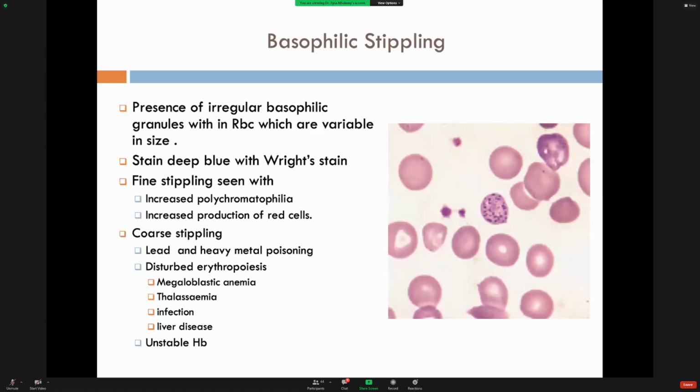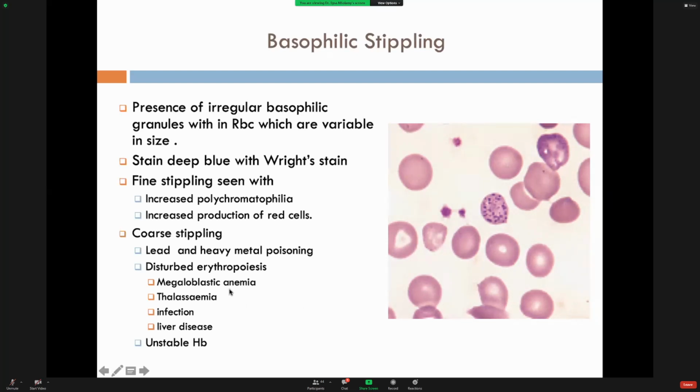نبدا basophilic stipplings. Presence of regular basophilic granules with red blood cells which are variable in size. This is basophilic stipplings. Stain deep blue with Wright stain. It could be fine or coarse. The commonest things you can see at the basophilic stippling هو lead poisoning with heavy metal poisoning.